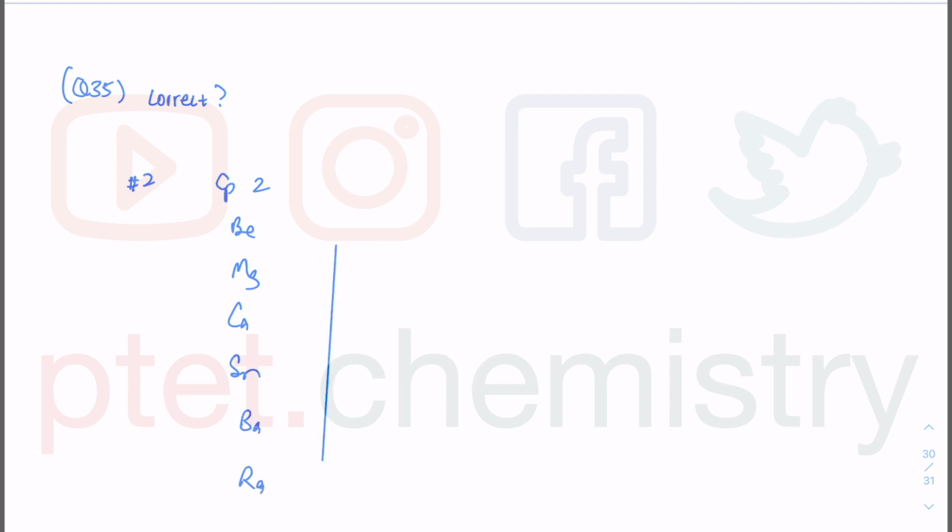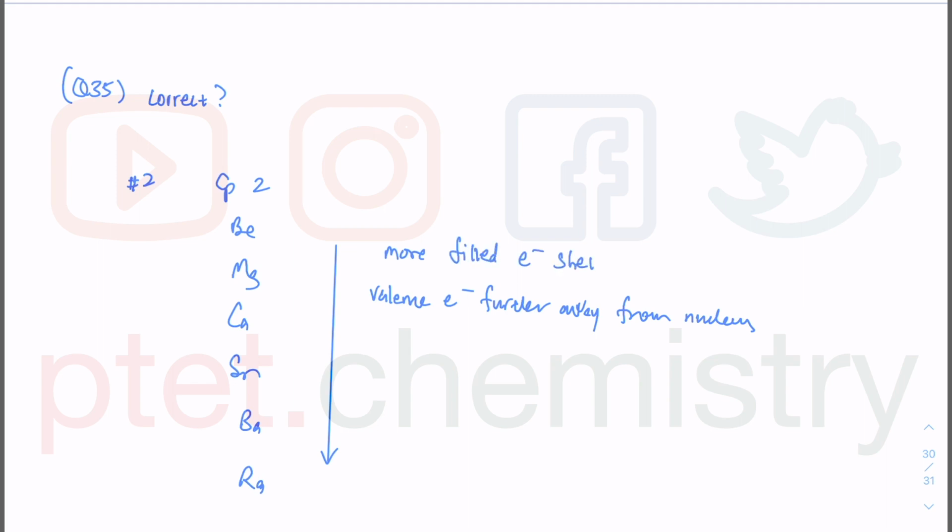And we know that going down the group, their valence electrons are further away from the nucleus. In fact, the key idea is more shells. There are more filled electron shells, so they are further away, more shielded. If they are more shielded, therefore easier to remove.